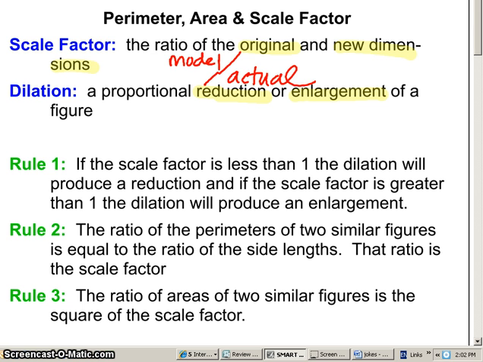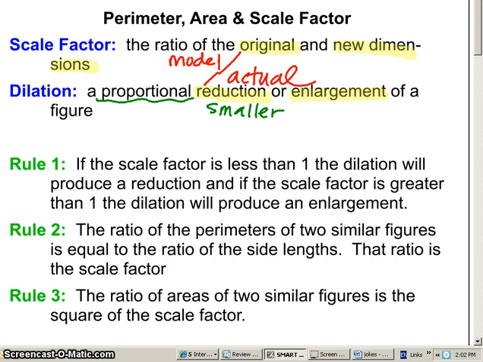A reduction meaning it becomes smaller, and again, that's proportional. If you're looking at your cartoon, if your hand is on your cartoon is 3 times smaller, your head is 3 times smaller, and your eyeball has to be 3 times smaller, and your fingernail has to be 3 times smaller. Every part of your drawing has to be smaller to the same degree.